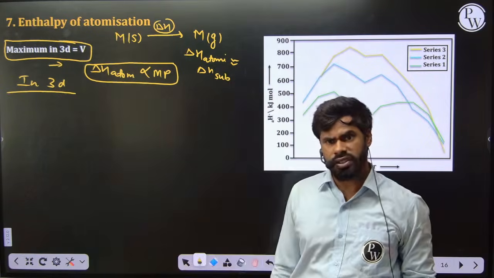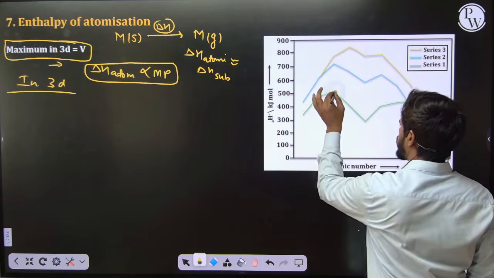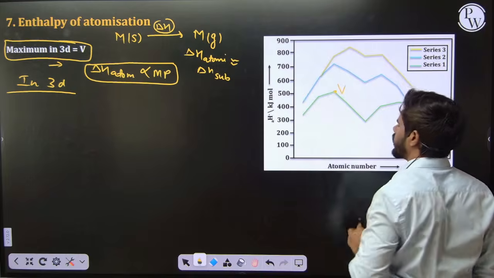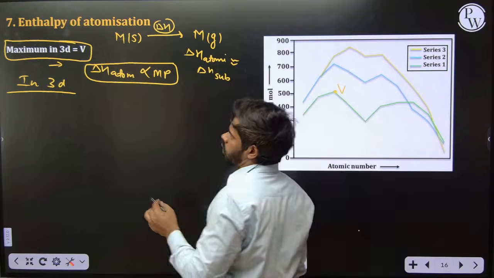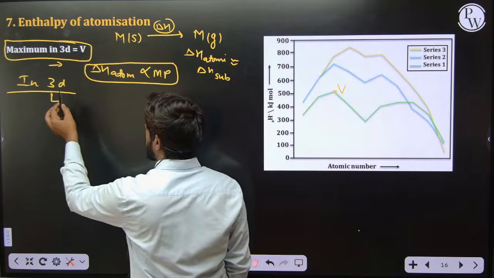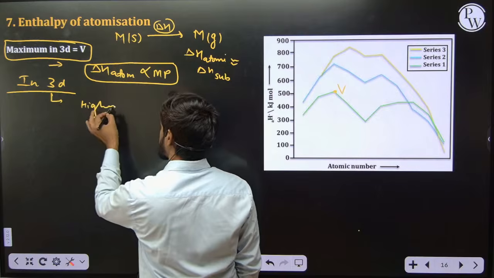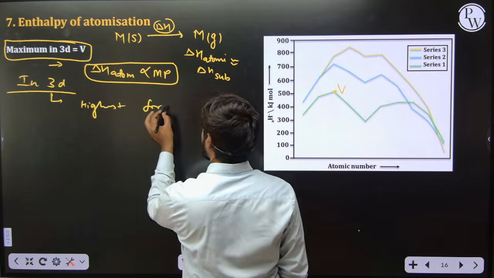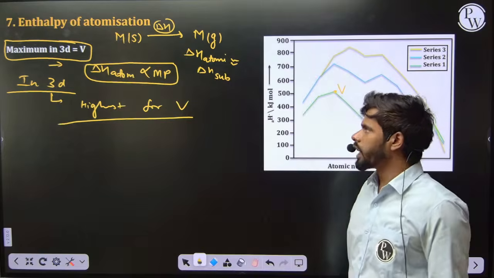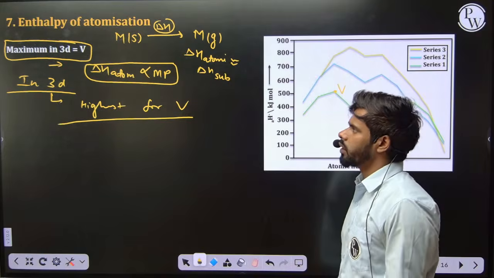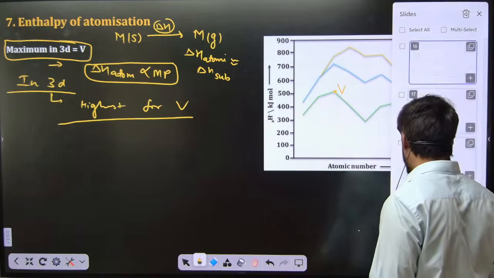It is given in NCERT that the highest is for vanadium, not chromium. We can remember this, as we are breaking the metal bond to get gaseous atoms.